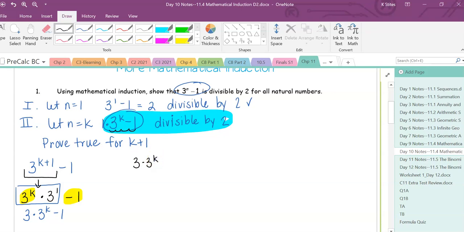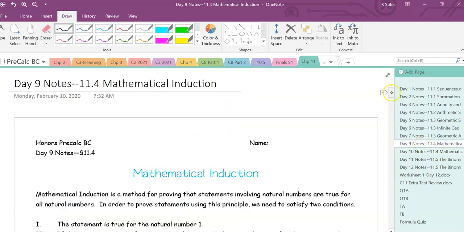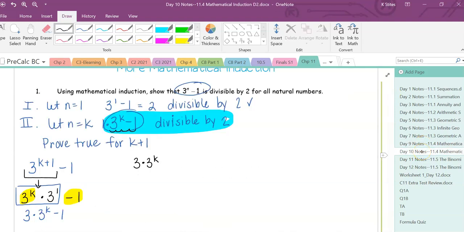Going back to a problem we had on day 9, we kind of did combining like terms with these exponentials. But basically we had said, hey, pretend this 3 to the k was an x value, and then we added two things together just like we would like terms. So what we're going to do instead is we're going to break this apart. 3 times 3 to the k, and you can pretend this is an x.